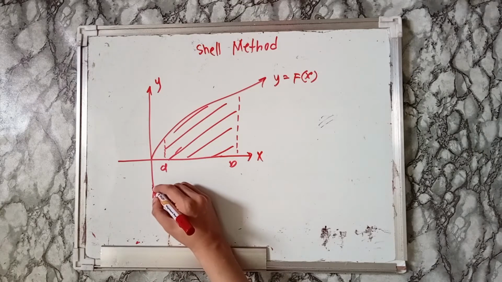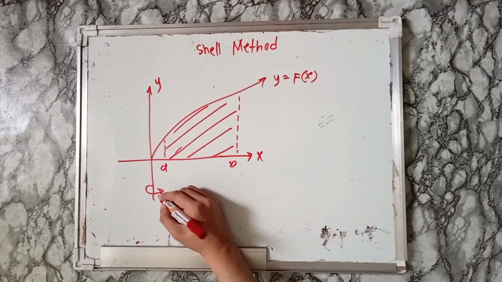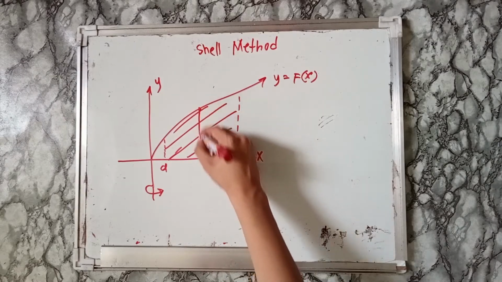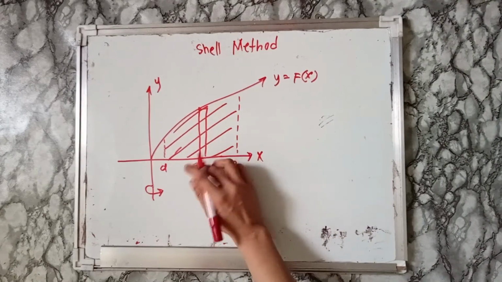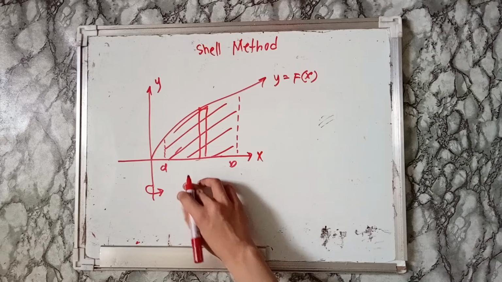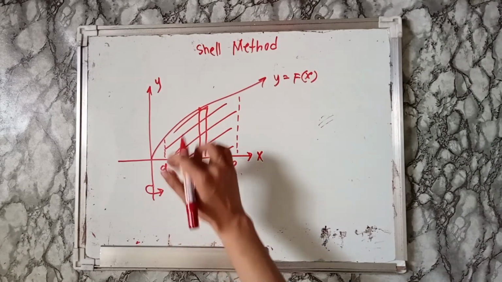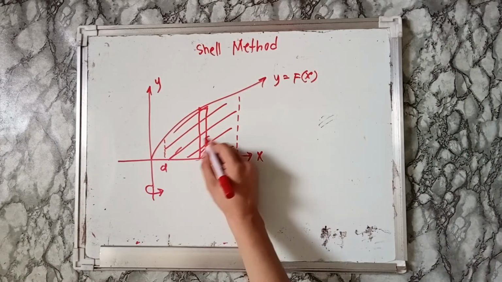Now if our area of rotation is the y-axis, let's draw a vertical strip. So in shell method, the vertical strip and the area of rotation are parallel to each other.